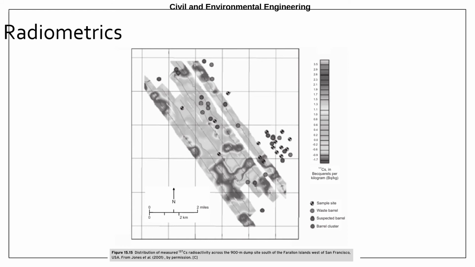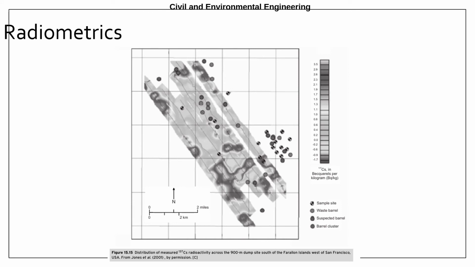What the data shows is that there are areas with high radioactivity near the waste barrels and some of their suspected barrels that were leaking.